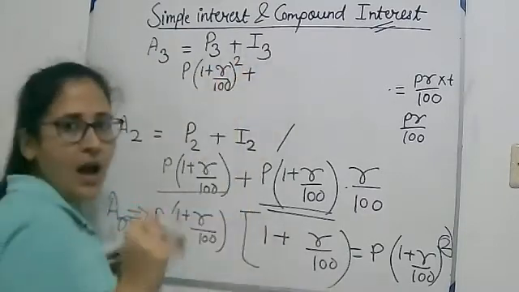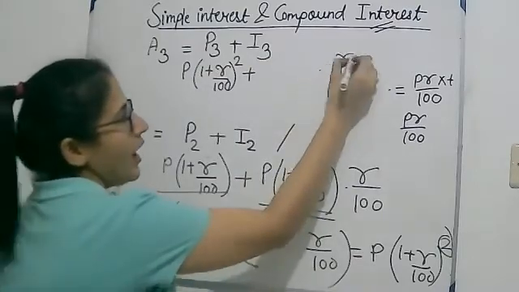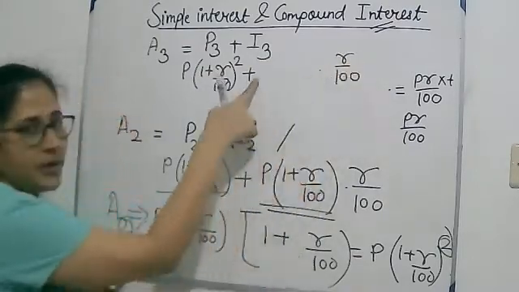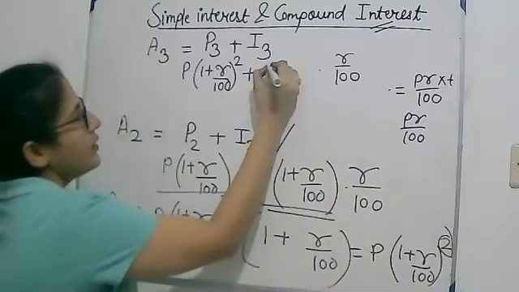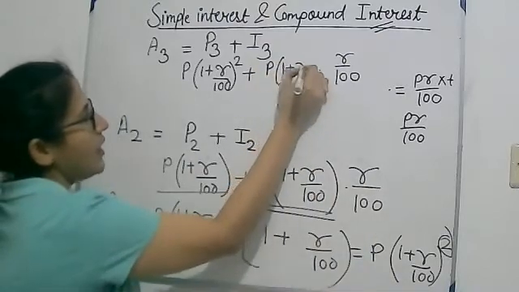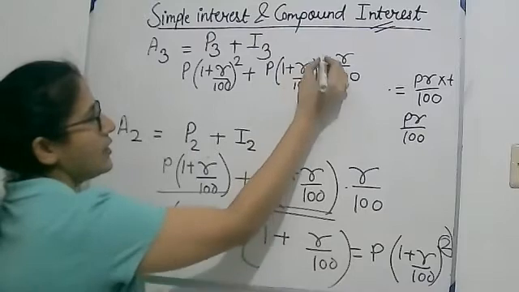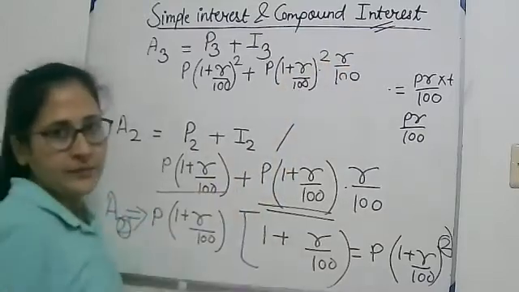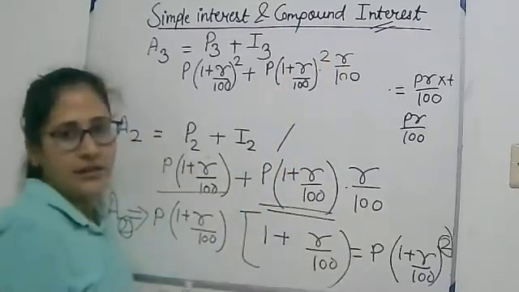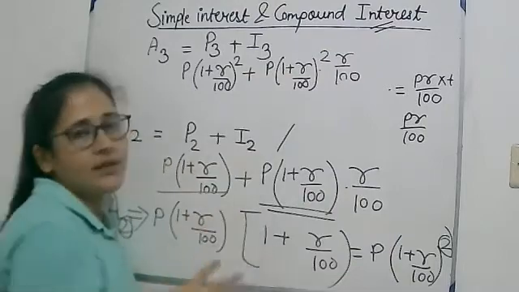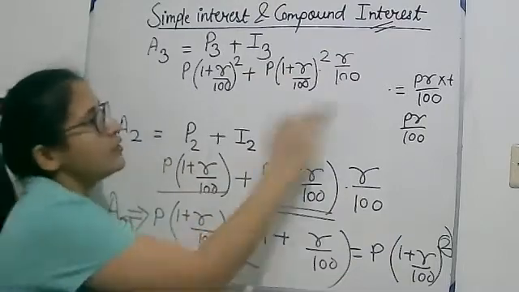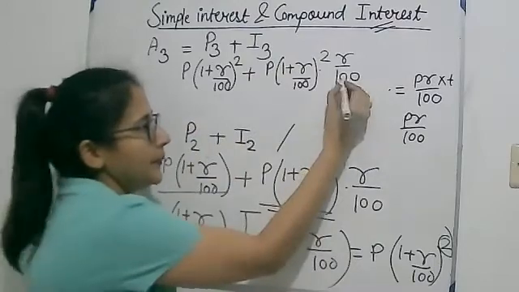I3 will be PR over 100. So write R over 100 here and the value of P is this, P(1 plus R over 100) square. It looks a little weird, but the ultimate answer will be short. So just bear it for some time.